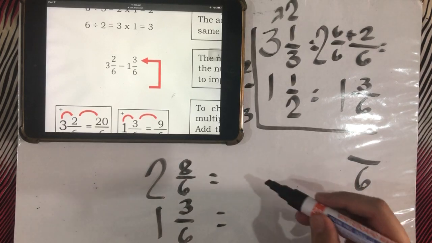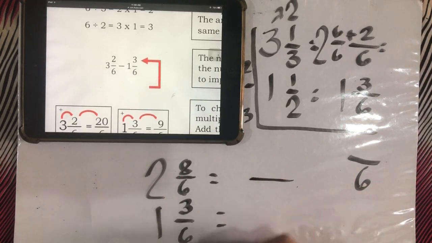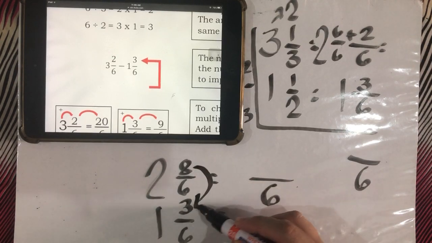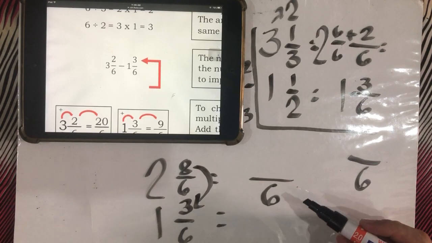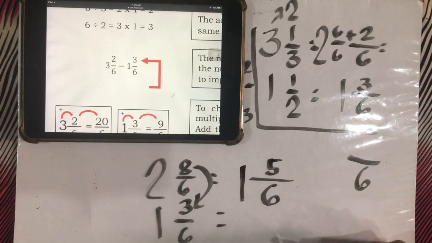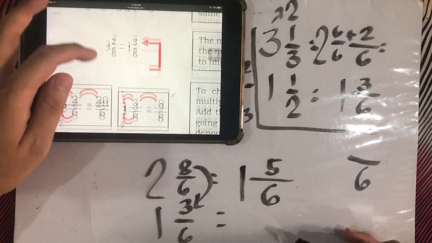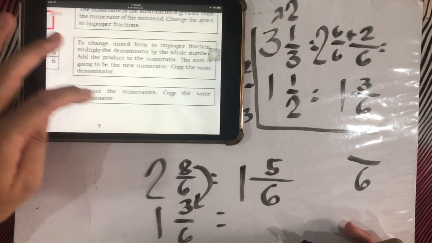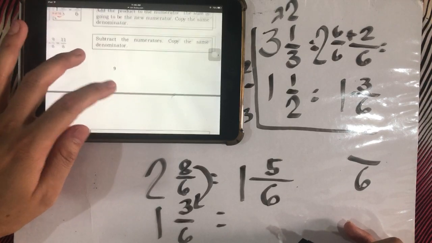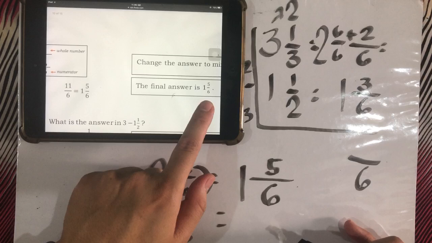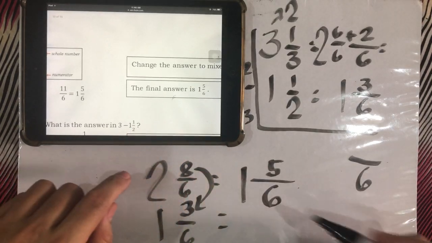So, just subtract. You have the same denominator, which is 6. Subtract the numerators, 8 minus 3, 5. And then 2 minus 1, you have 1. So your final answer is 1 and 5 over 6.